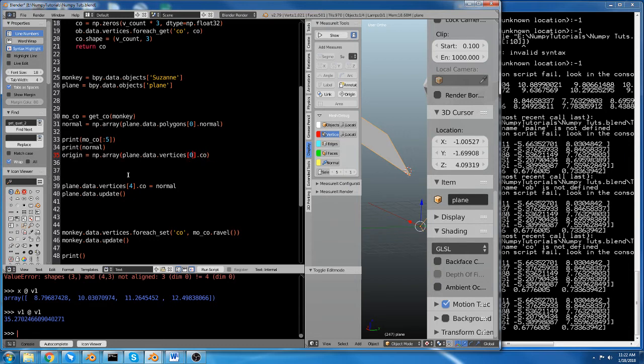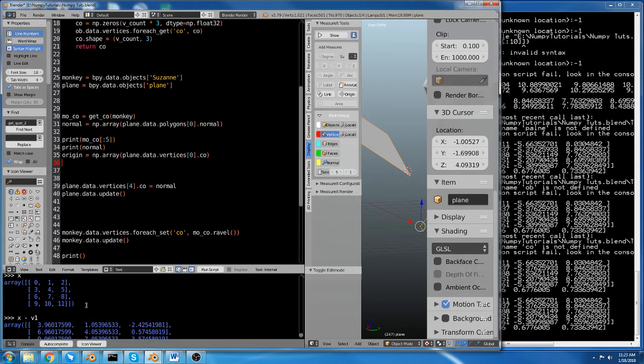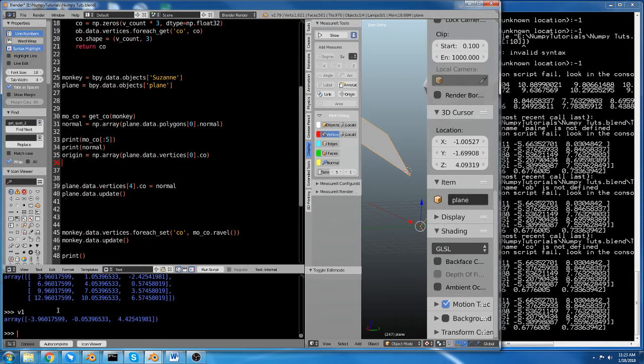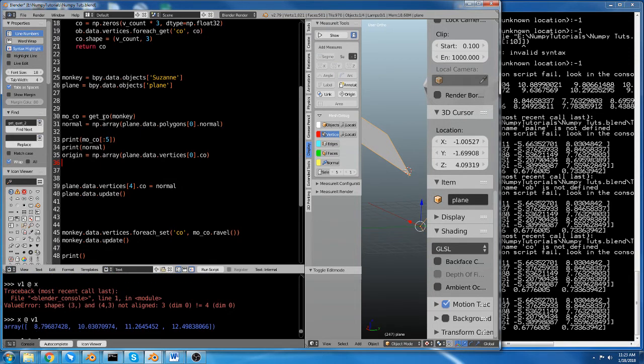So we're taking the coordinates of CO. And remember, with NumPy, you can do, here is x, we can do x minus v1, and it will do a row-wise subtraction. It will take all of these rows and subtract v1 from all of those rows. And you end up with this logical value where 0 minus negative 3.9 is obviously 3.9, 1 minus, and so on. We covered that in an earlier tutorial.